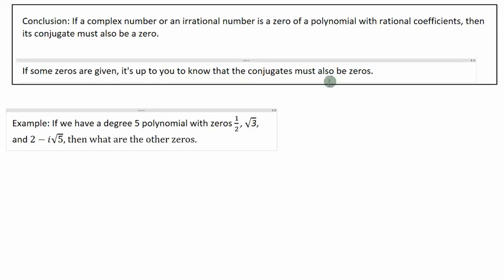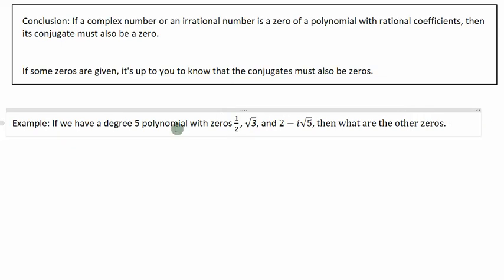Now, a degree 5 polynomial, you would expect to typically have 5 zeros. And it doesn't mention anything about multiplicity here, so we'll assume these are each a zero one time, which means we're missing 2 zeros. And so we see that we have an irrational zero here. This is the same thing as positive square root of 3.